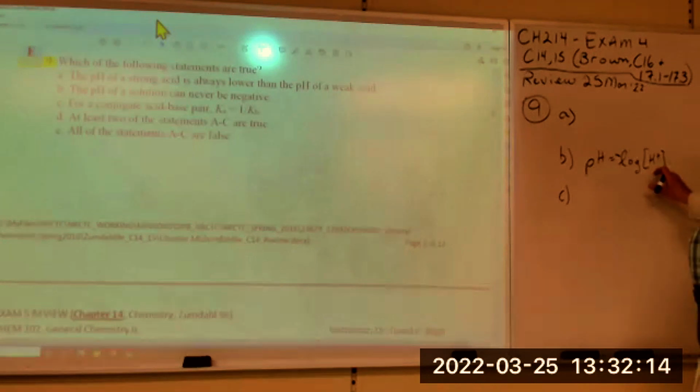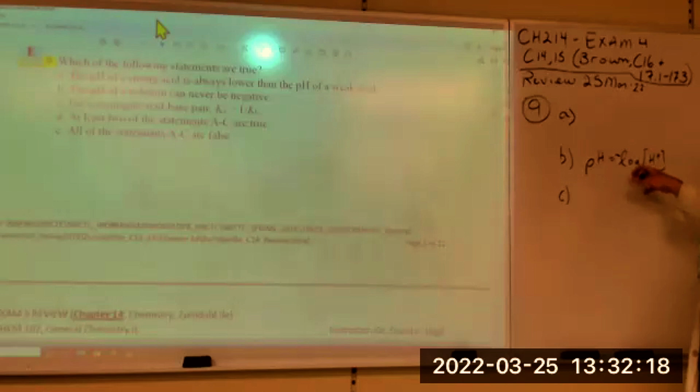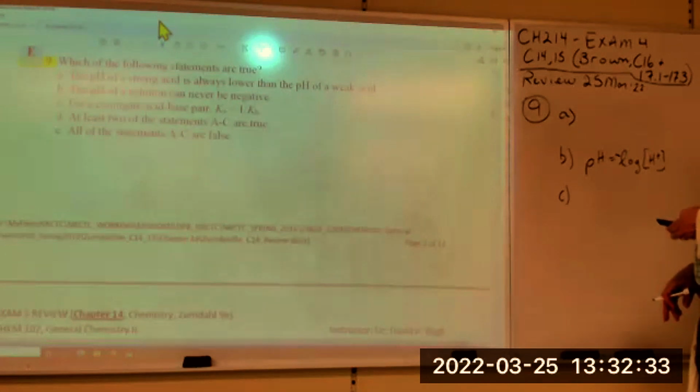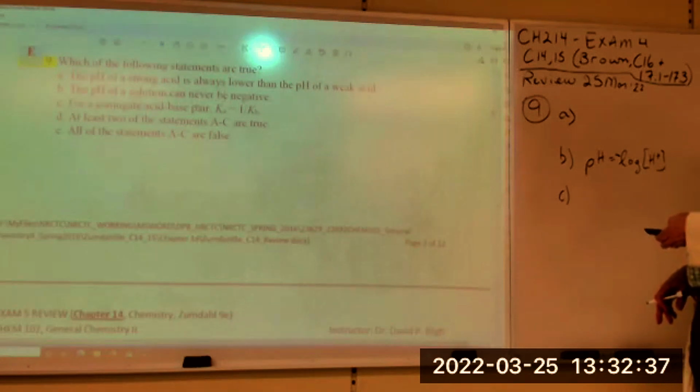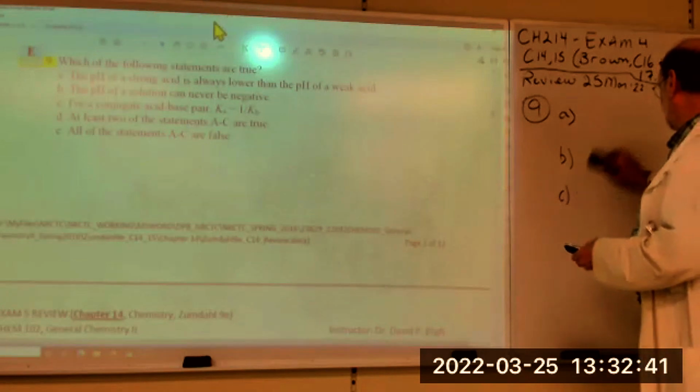If it's really small, then the log of it will usually come out as a negative number, and then a negative gives you a positive. But if this is a very large hydrogen ion concentration, the log of that would come out positive, and then your value would be negative. So that one's false also.